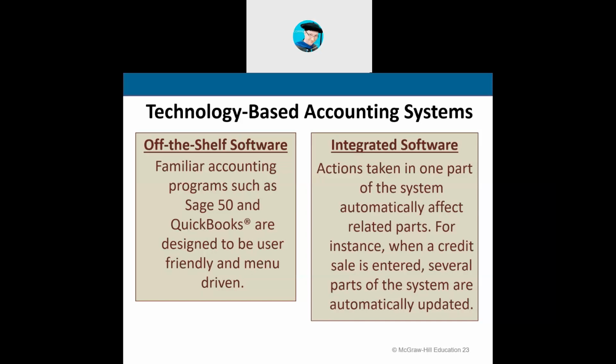It follows the accounting principles, right? So it's kind of like saying, you can't make this journal entry because it does not follow the accounting principles. That's what that software does, it prevents us from making those types of mistakes.